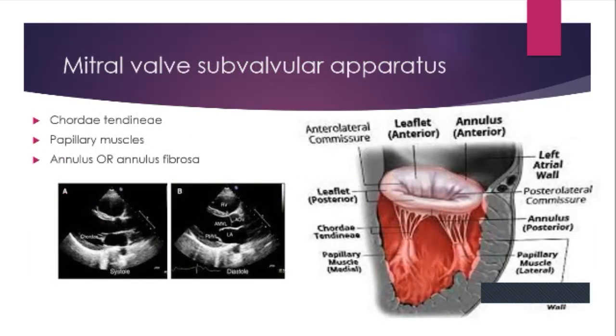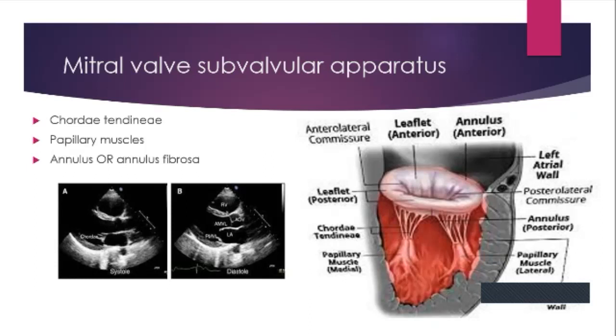Now, you can see the anterolateral commissure, the annulus, the papillary muscle, and the chordae tendineae, which are the fibers which support the valves from the papillary muscles.